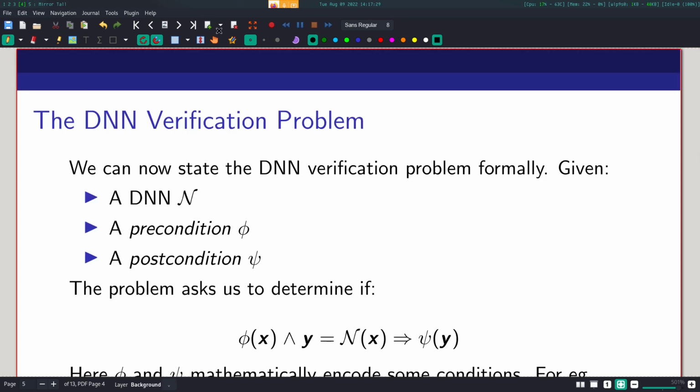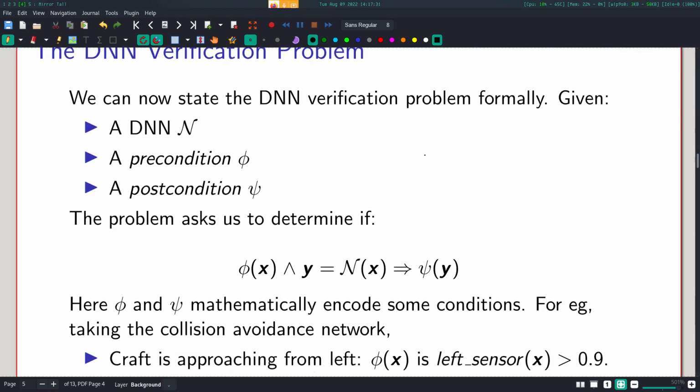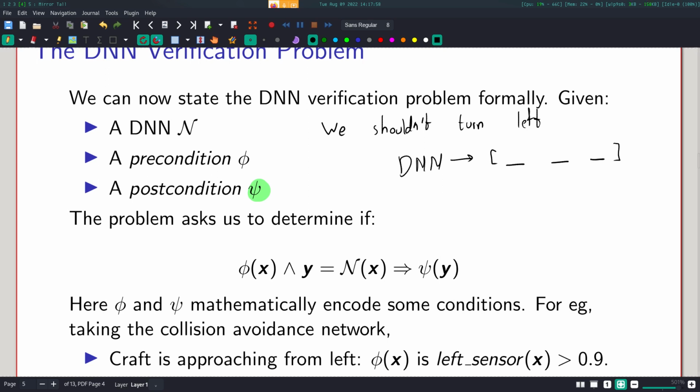So similarly you can have a similar situation for your post condition, right? Your post condition might be, in the collision avoidance case, that we shouldn't turn left. So maybe your neural network produces another vector which has, let's say, 3 components, right?